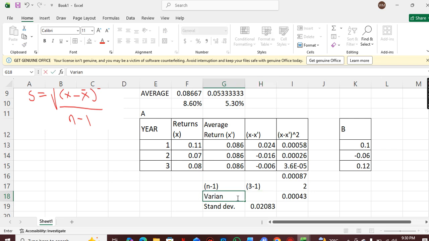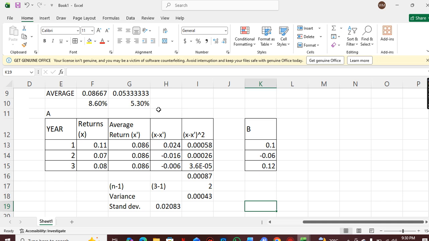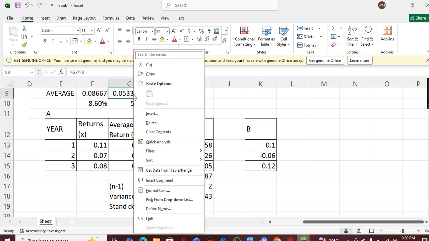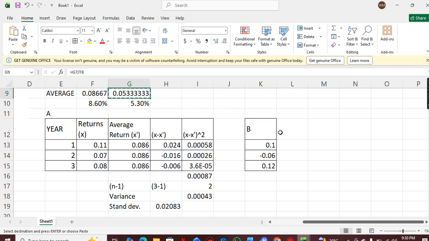All right, we go to B. For B, the average return was 0.0533.